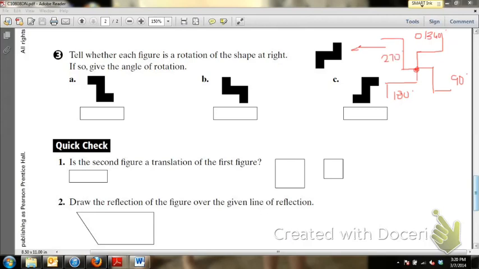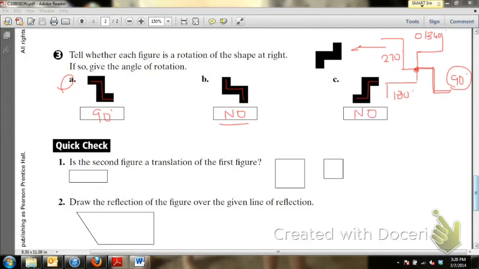All right, so now I drew all my rotations here. So, in A, does this match any of the ones I drew? Looks like a Z. Yeah, I got a Z happening over here. Well, that was 90 degrees. This one, do I have that type of looking shape? No, I do not. So that is a no. Lastly, a backward Z. Do I have a backward Z in my picture? I don't.